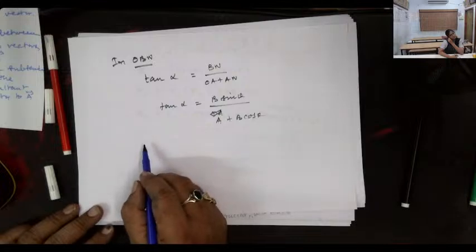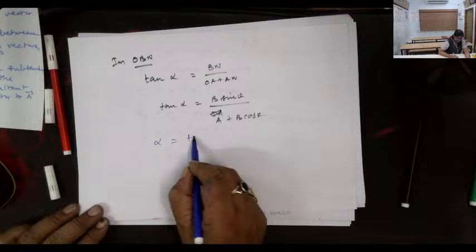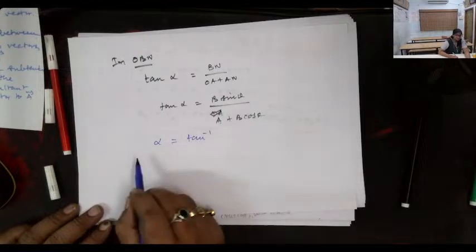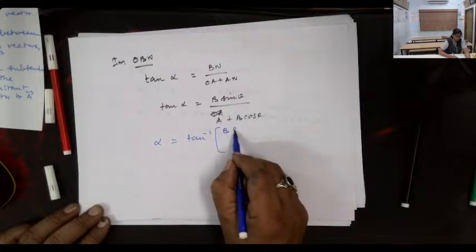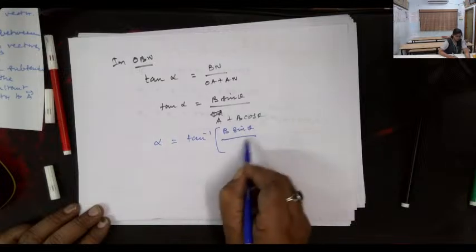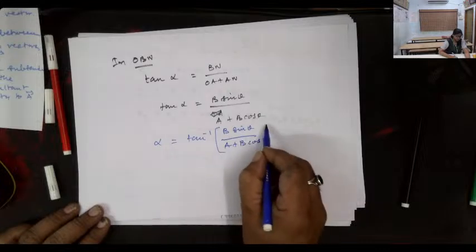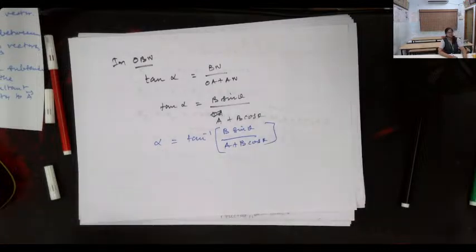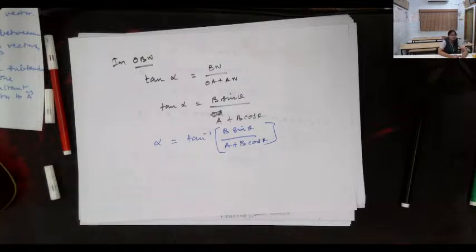And alpha is tan inverse of this entire quantity, B sin theta divided by A plus B cos theta. So this is the direction of the resultant vector. Got it? The direction of the resultant vector.